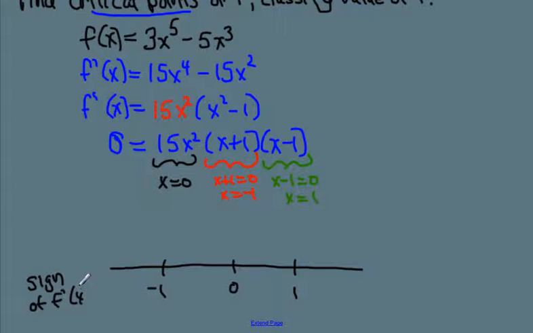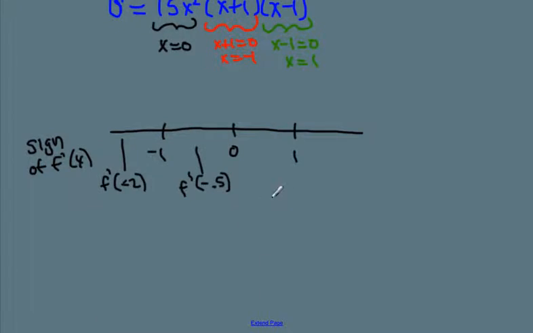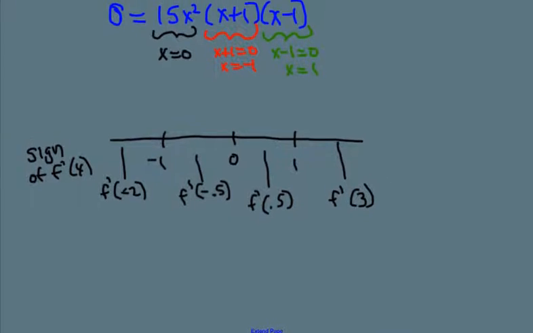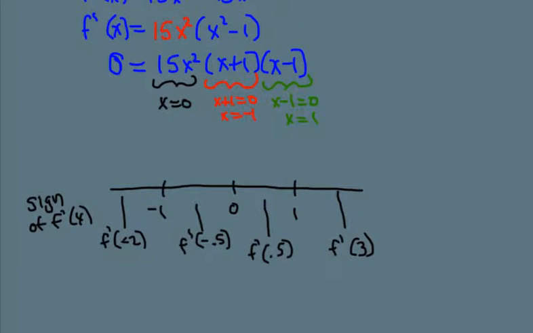Here I'm going to look at f prime of negative 2, here f prime of negative 0.5, here f prime of 0.5, and here f prime of 3.